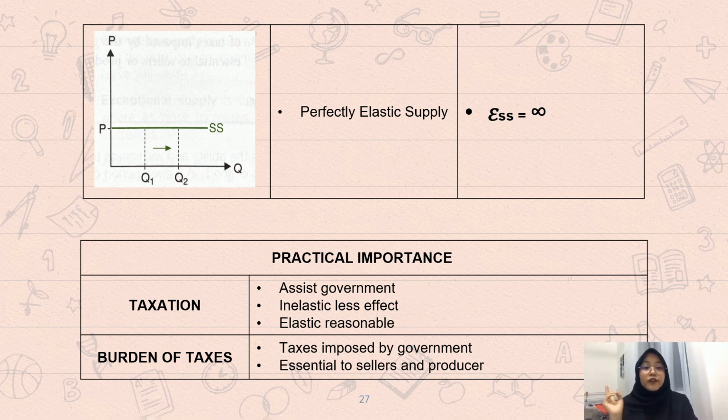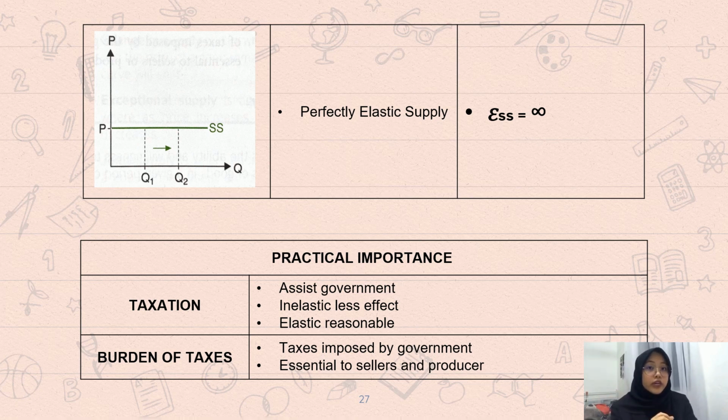We have 2 practical importance of price elasticity of supply. The first one is taxation. This concept can assist the government in the formulation of taxation policies. The imposition of taxes on goods with inelastic supply will not affect the supply much.